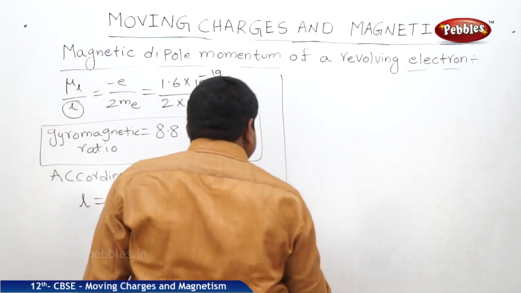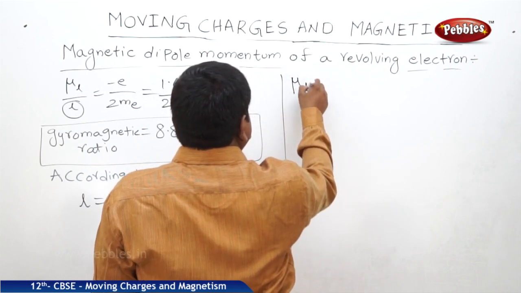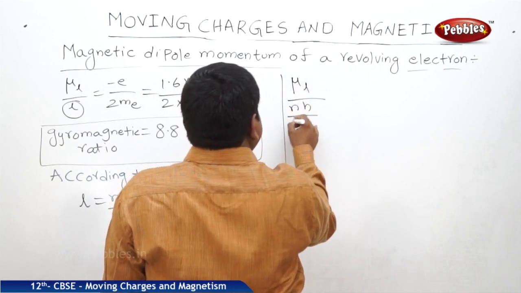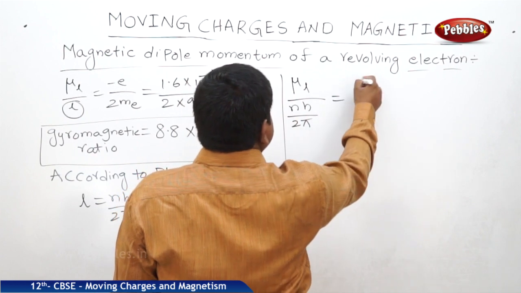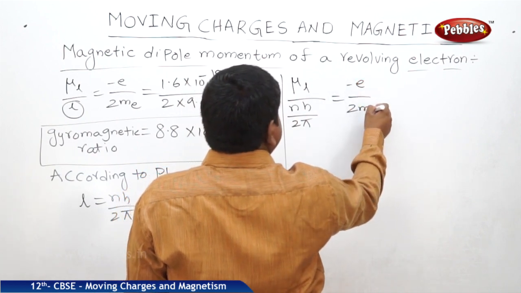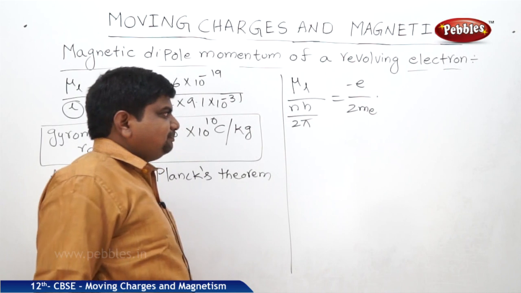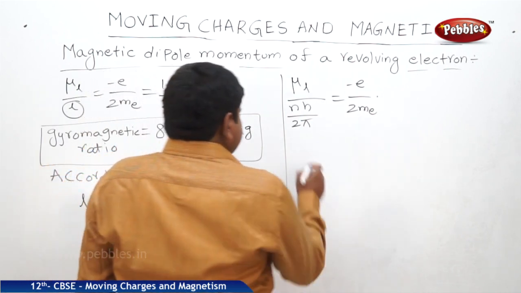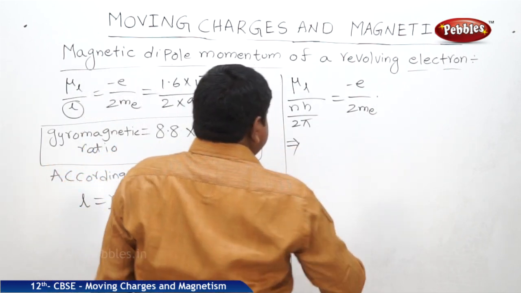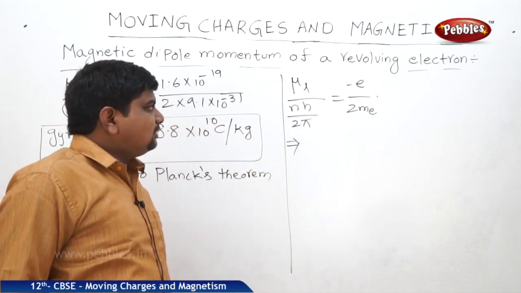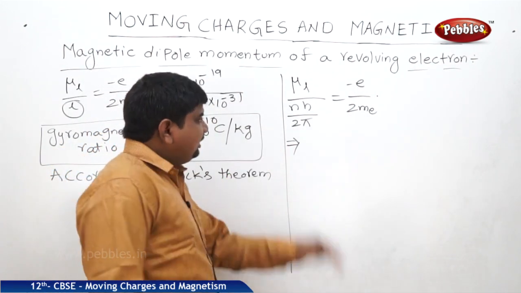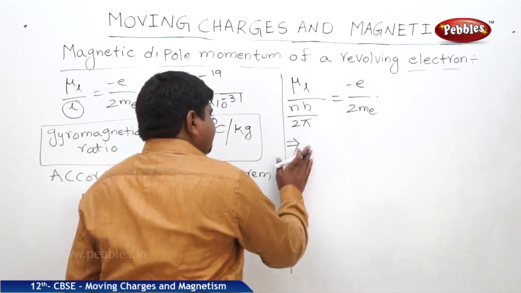Therefore, mu L by nh by 2 pi is equal to e by 2m_e. Its value relates like this. So we are going to find out the minimum value of angular momentum.